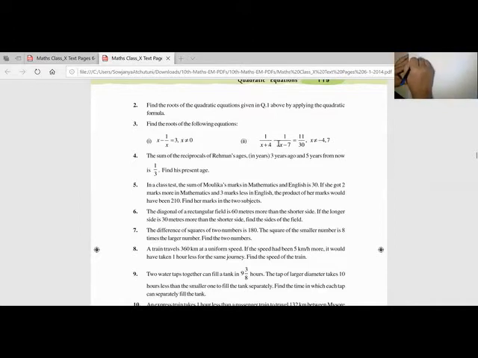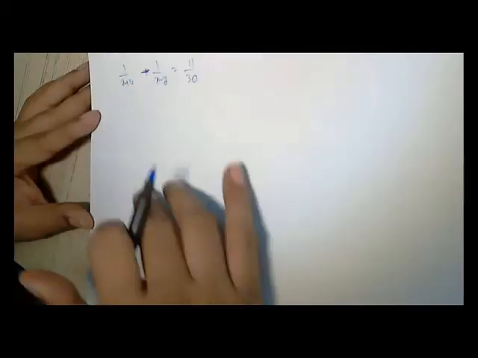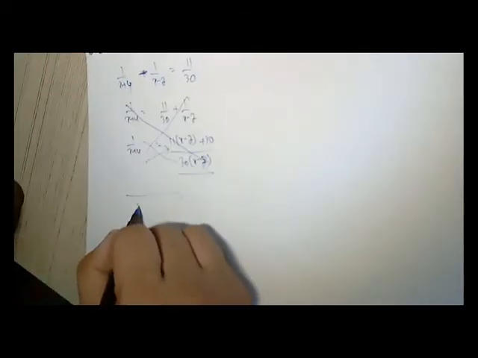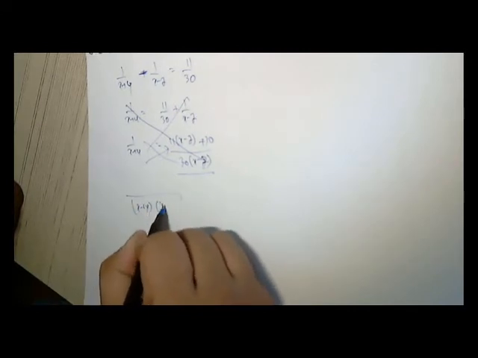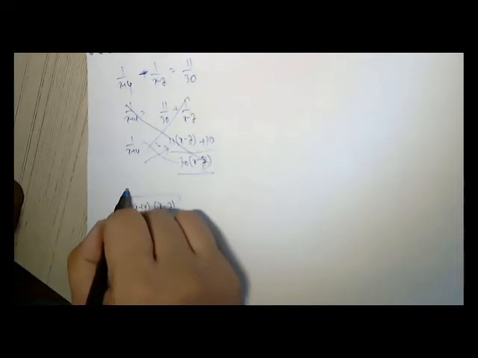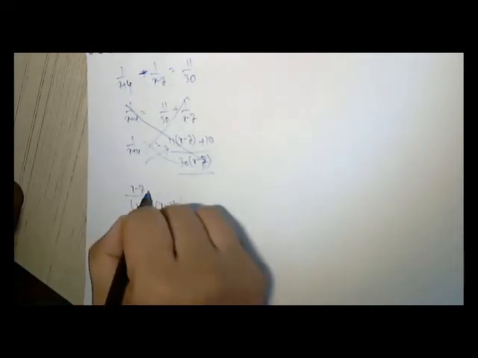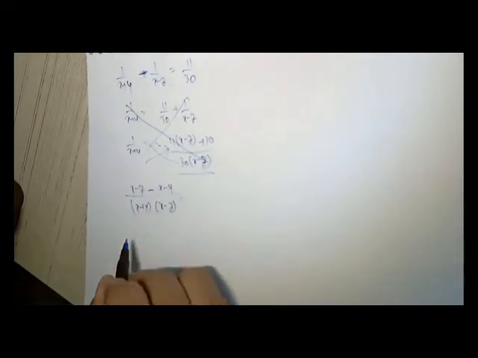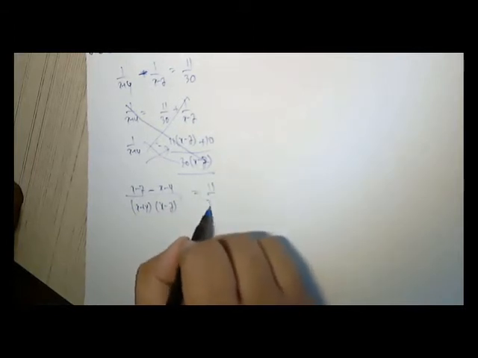1 by (x plus 4) minus 1 by (x minus 7) is equal to 7 by 30. The LCM is (x plus 4) into (x minus 7). So we get (x minus 7) minus (x plus 4) over that equals 11 by 30.